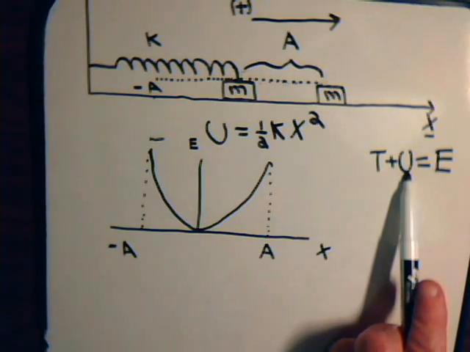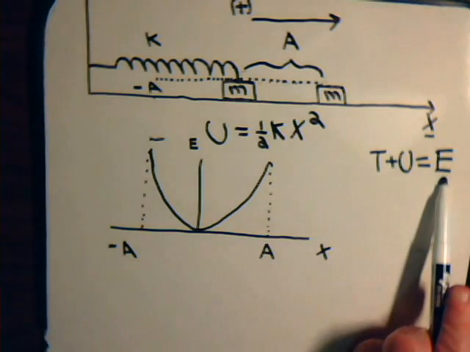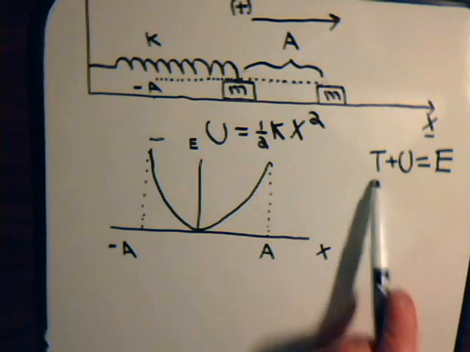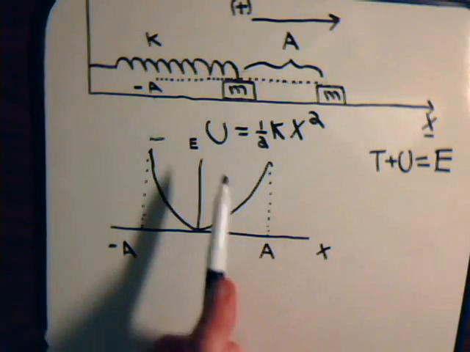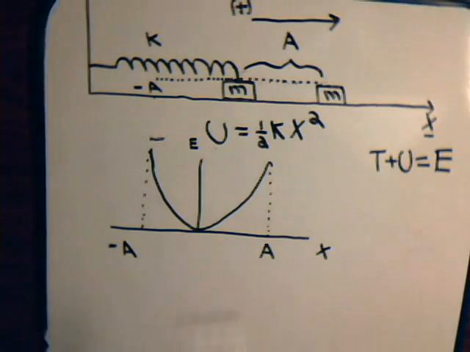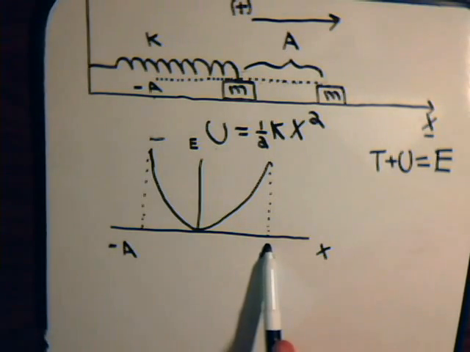Well, if this increases, and if this is constant, which it is, then obviously the kinetic energy has to decrease. Well, when this is at its maximum value, when we have the maximum displacement, when x is equal to the amplitude A, at that point the kinetic energy is 0.